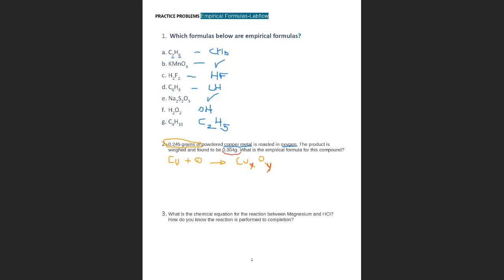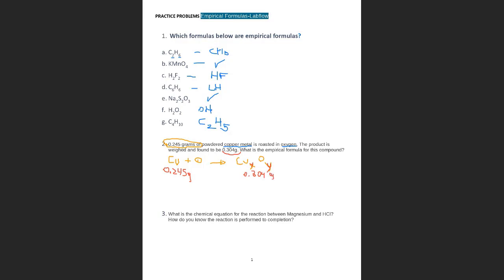In this case, the reactants are copper and oxygen. We need to know how many grams of each. So we know that we have 0.245 grams of copper. And we also know that we have 0.304 grams of product.